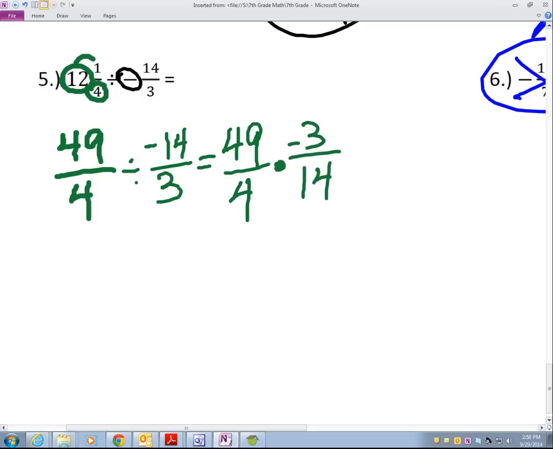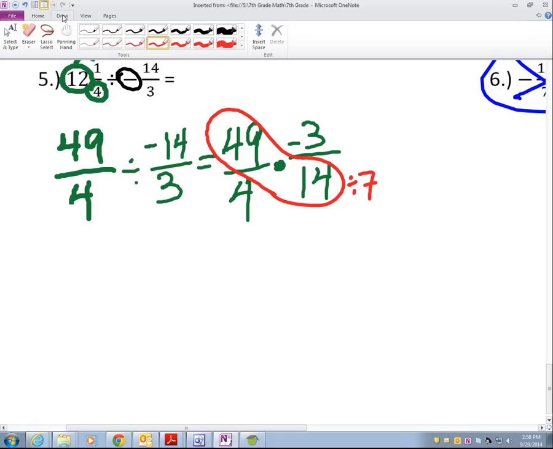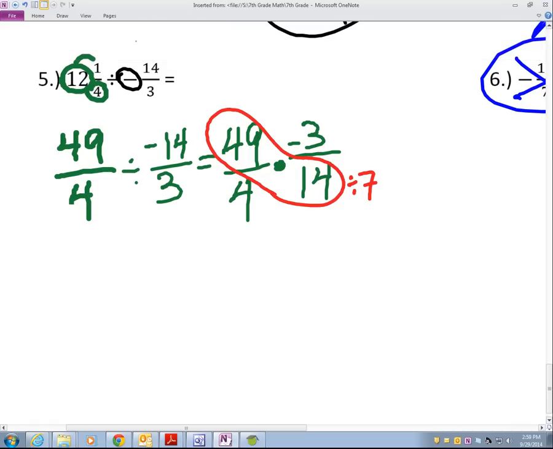14. I can see something that's going to be taken out of this one. I can do divided by 7. So this gets rewritten as 7 over 4 times negative 3 over 2.